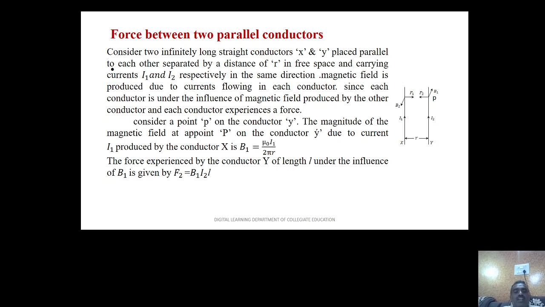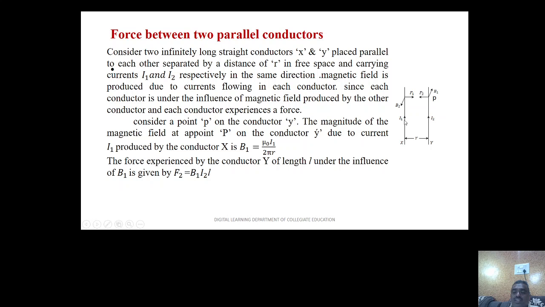To find the force between two parallel conductors, we have to consider two infinitely long parallel conductors X and Y, separated by distance r in free space and carrying currents I1 and I2 respectively.